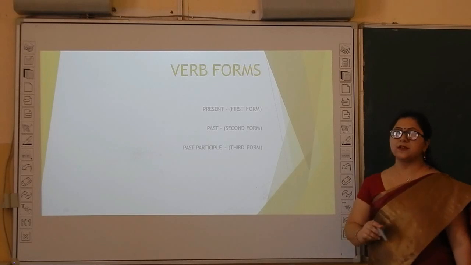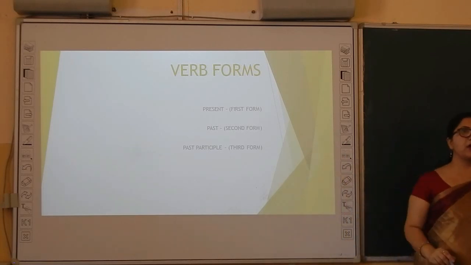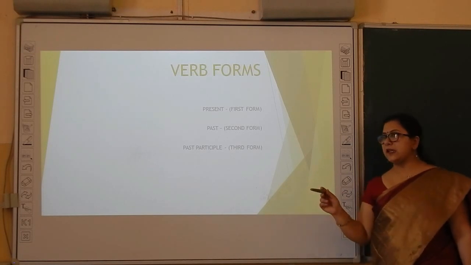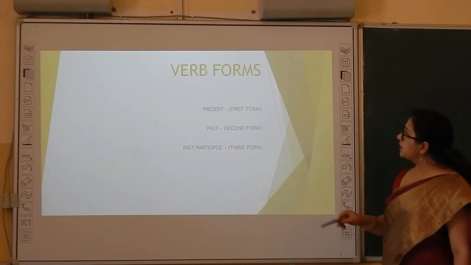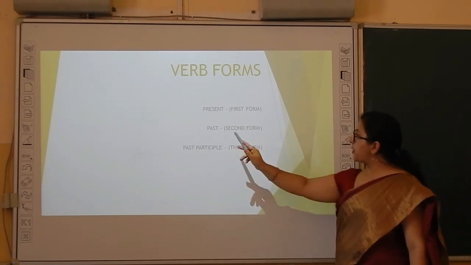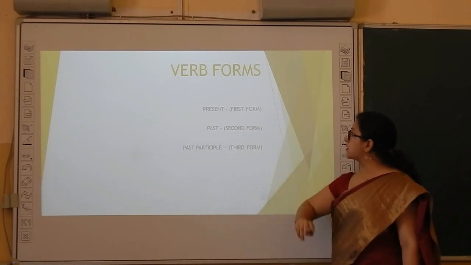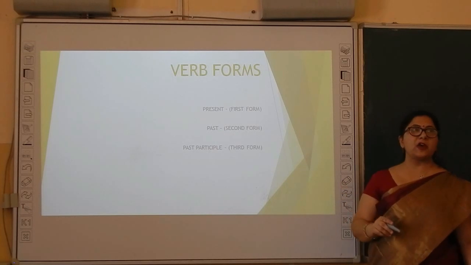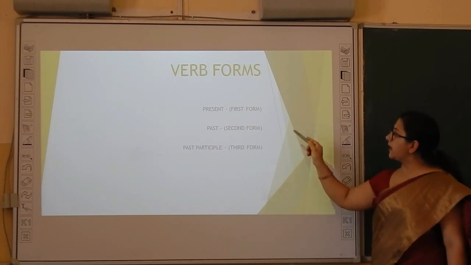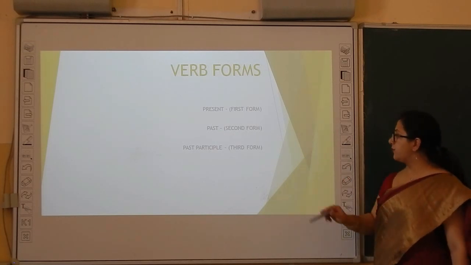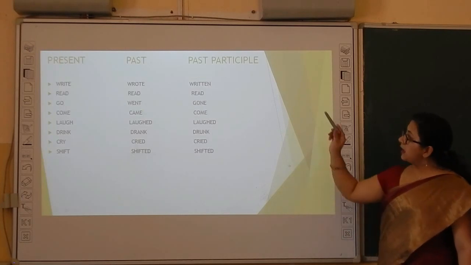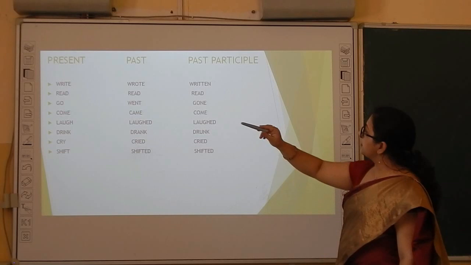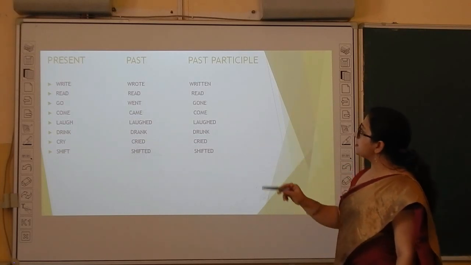Verb forms. This is also very important from the language point of view. There are 3 forms of verbs: present form, past form, and past participle form. In layman's language, we may call it first form, second form, and third form. Here is again a small list of these verb forms.